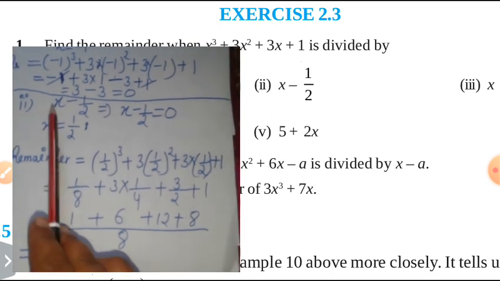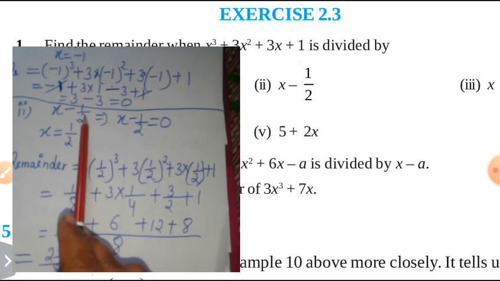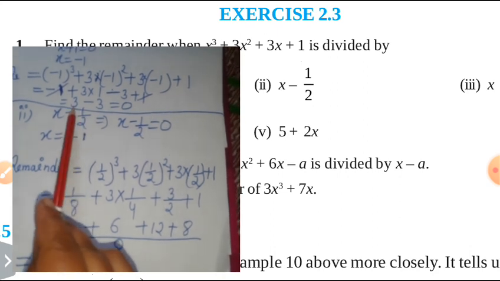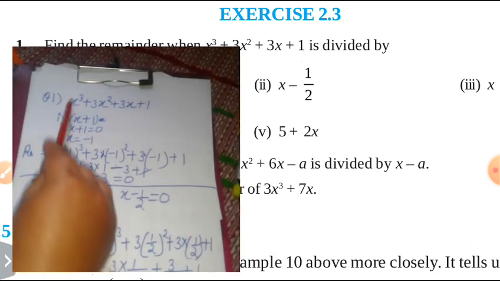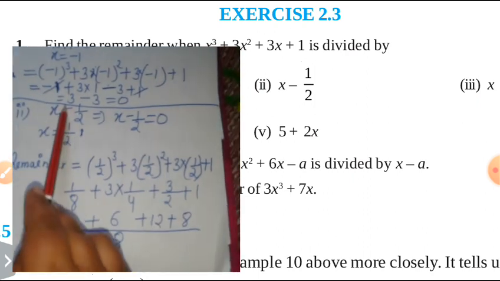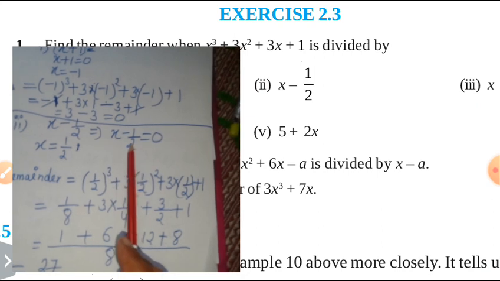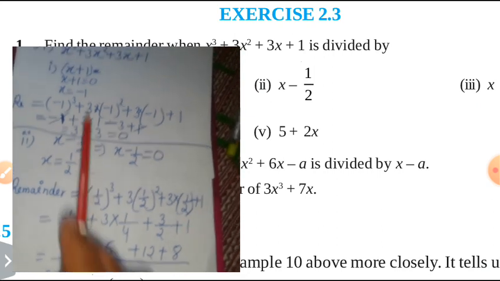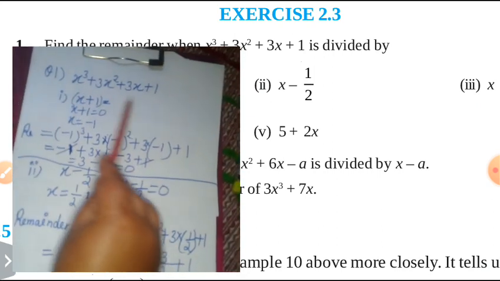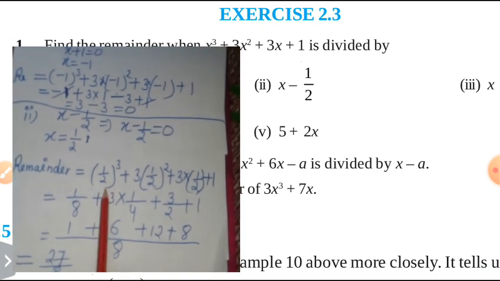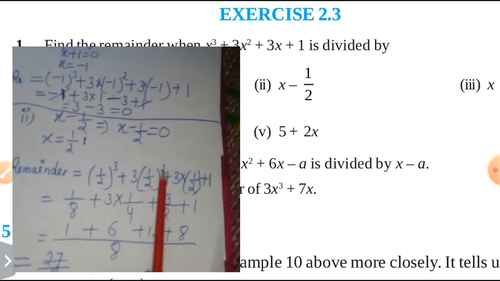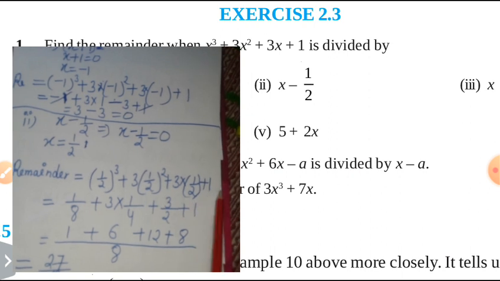Now, you have to find the remainder when you divide this polynomial by x minus 1 upon 2. You will again put x minus 1 upon 2 equal to 0, so x equal to 1 upon 2. You will substitute it at the place of x in this expression. So (1 upon 2) cube plus 3 into (1 upon 2) square plus 3 into 1 upon 2 plus 1.